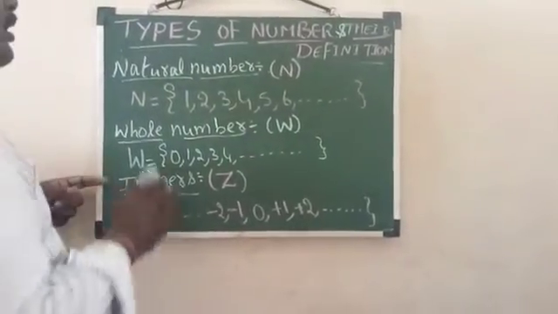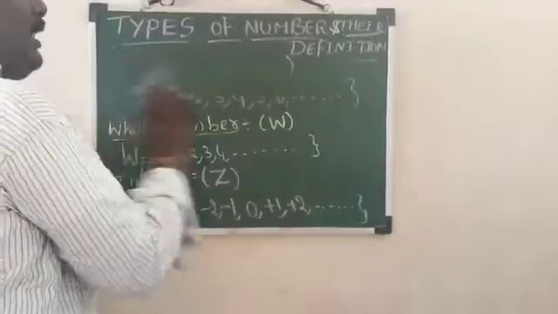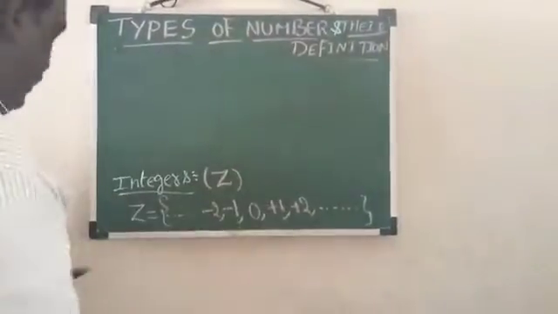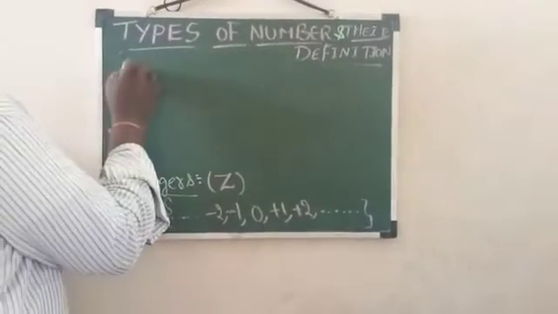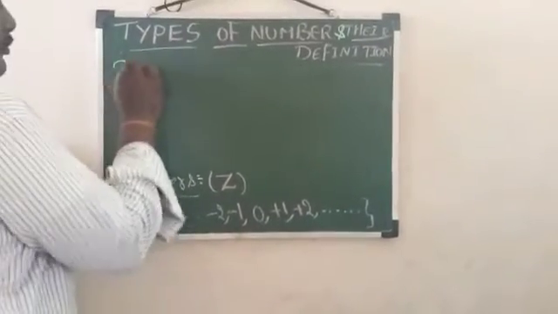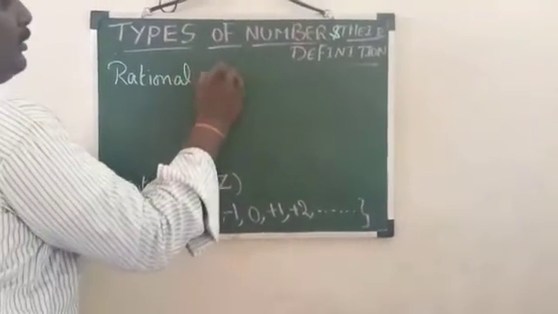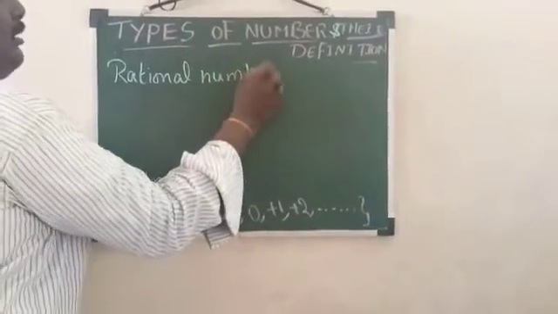The next important number is the rational number. What is a rational number?